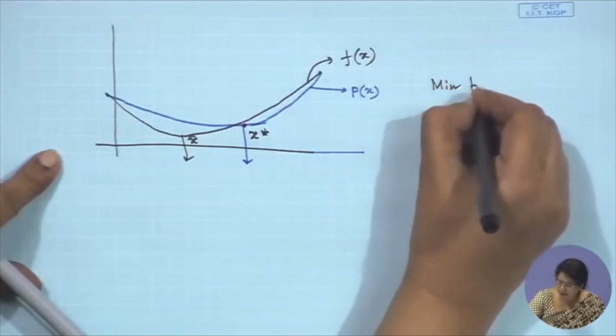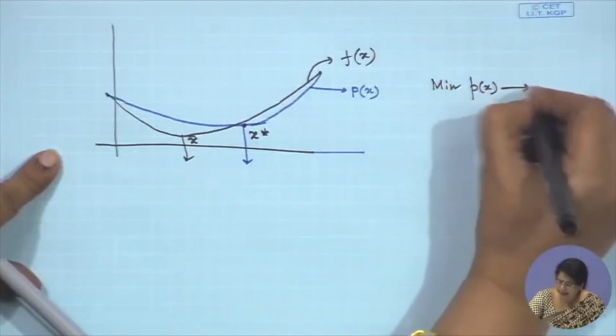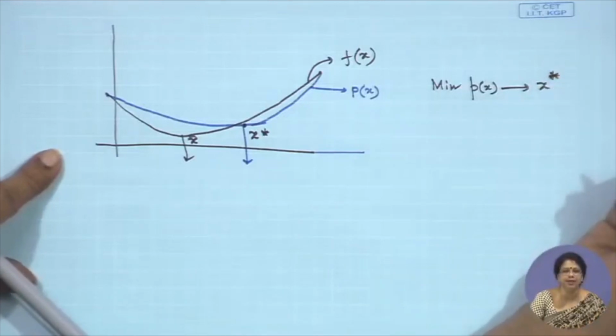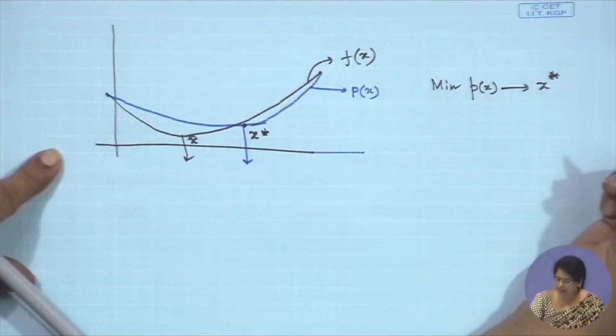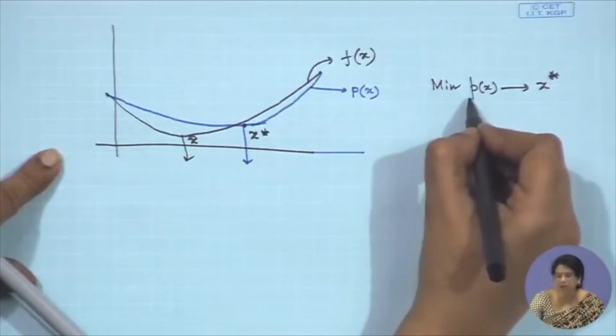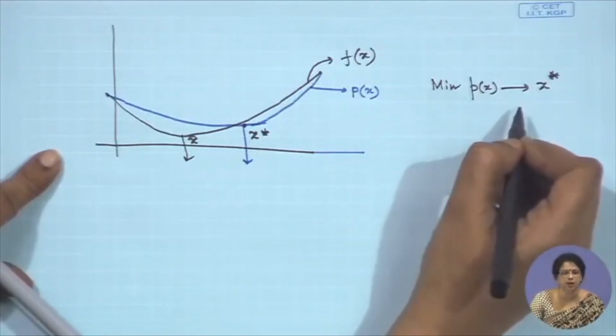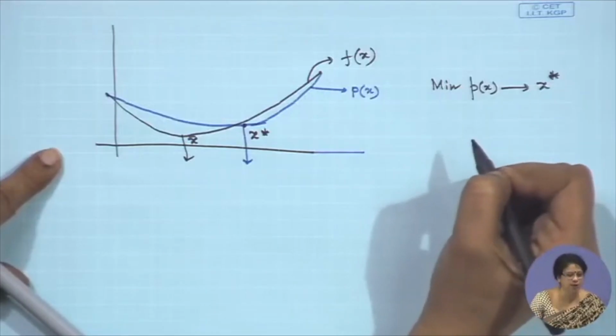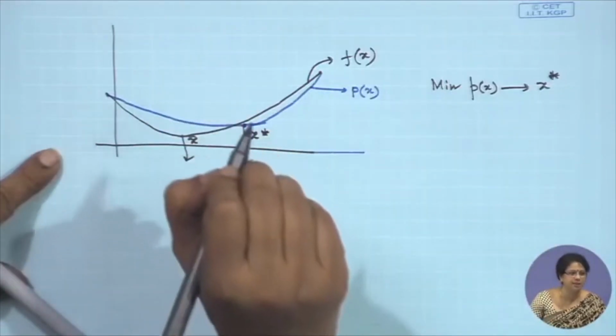If we say that the minimum of Px is at x star, then what is the necessary and sufficient condition? The necessary condition is that the first order derivative of p with respect to x must be 0 and the second order derivative of p with respect to x must be positive. That is why it has been written here.